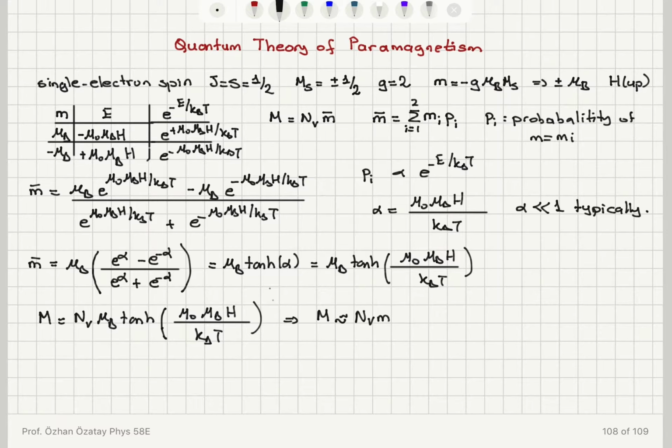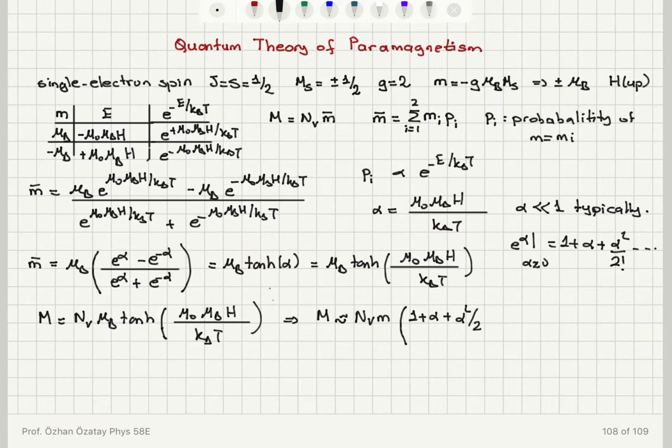nvm. Now if I expand this e to the alpha, I would get e to the alpha around alpha equals 0 is 1 plus alpha plus alpha squared over 2 factorial, etc. So for this one I would get 1 plus alpha squared over 2.